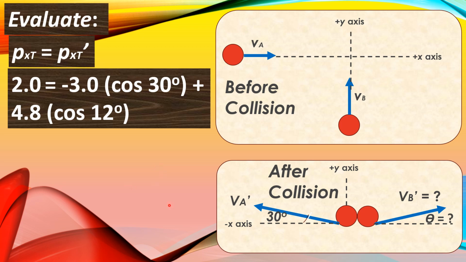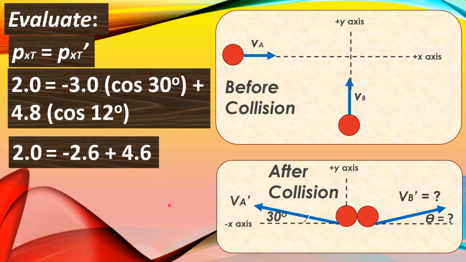Simplifying, we have 2.0 equals negative 2.6 plus 4.6. So negative 2.6 is just the result of multiplying negative 3.0 by cosine 30 degrees, while 4.6 is the result of multiplying 4.8 times the cosine of 12 degrees.